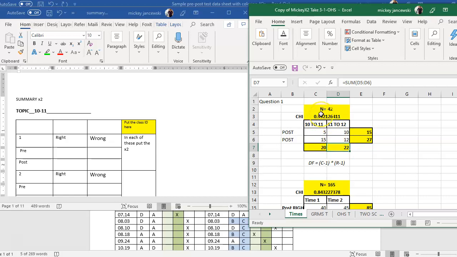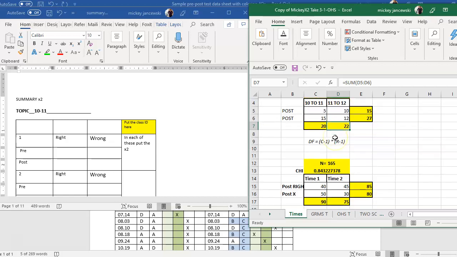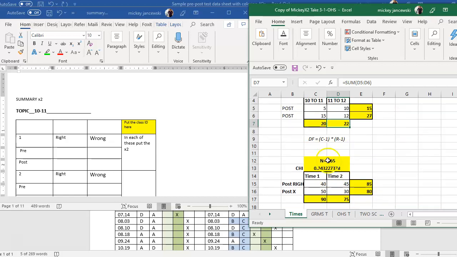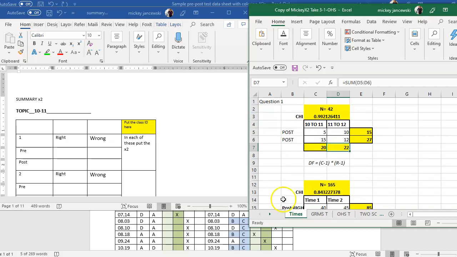So this, I'm sorry, not probability, but likelihood. And we're 99% sure that question 1 for this group was caused by something that happened at the health fair. So then this is your second times. In this group, you would put 10 to 11.